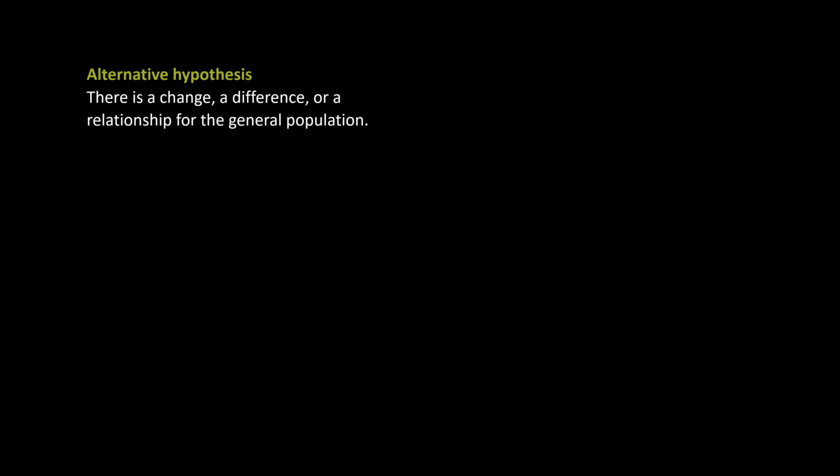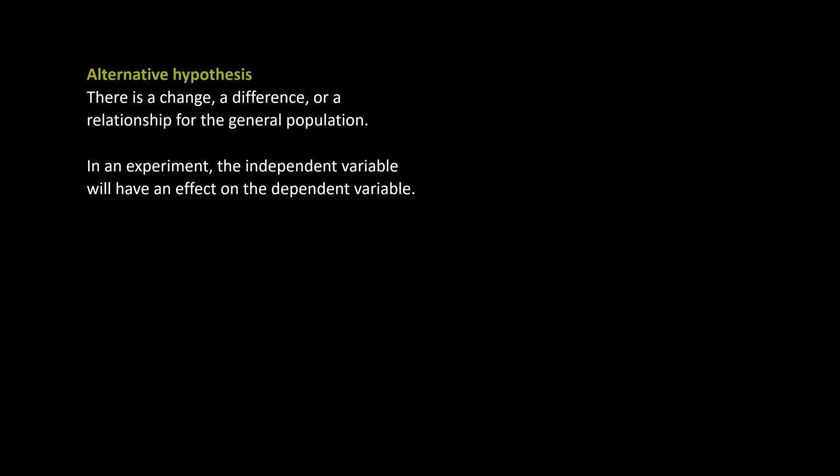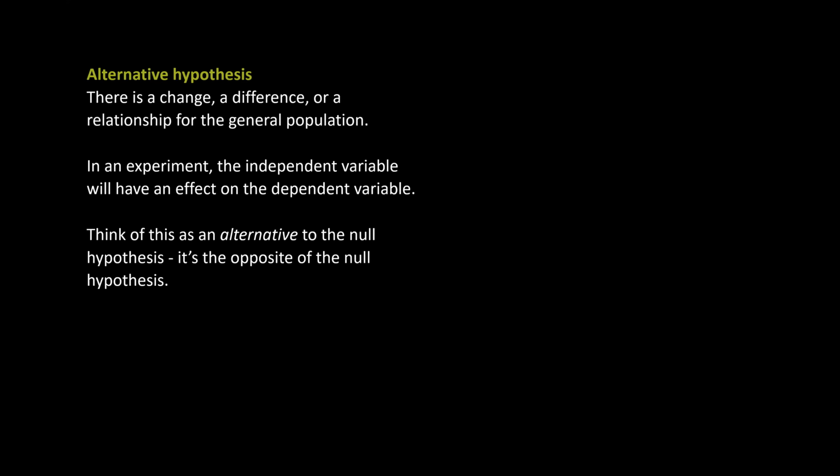The alternative hypothesis is what you traditionally think of as a hypothesis. And the alternative hypothesis is the opposite of the null hypothesis. It says that there is a change, there is a difference, or there is a relationship in the general population. And in an experiment, the independent variable will have an effect on the dependent variable. So you can think of this as an alternative to the null hypothesis.